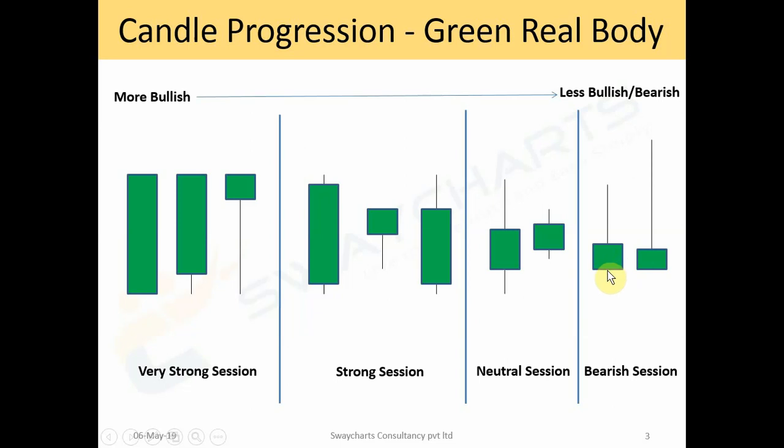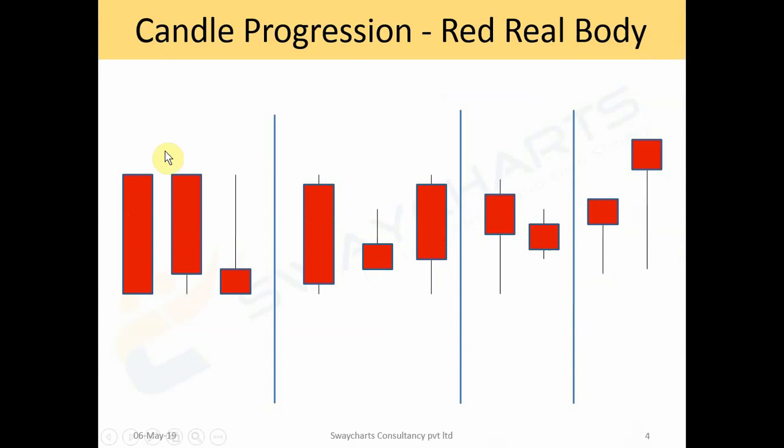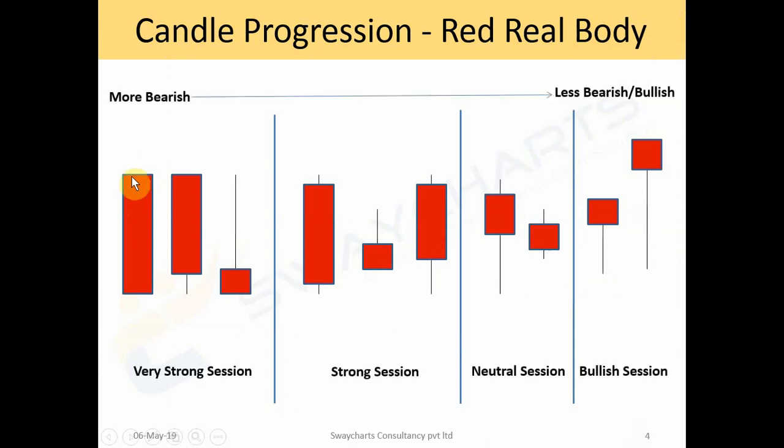So now let's understand the candle progression for red candles, right? If you see this, it is again going to be the same. The open is near the day's high and I'm closing near the day's low, which means the bears were in charge of this particular stock for the entire day and the bulls had nothing to do, right?